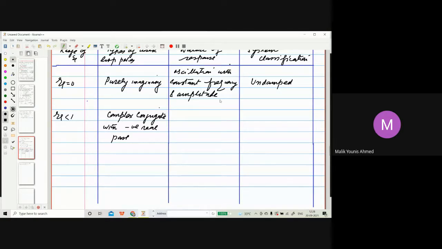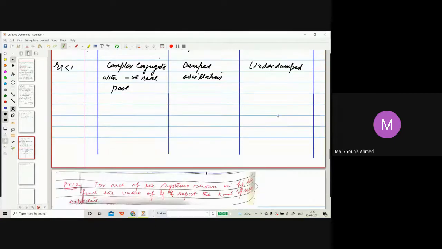And what is the nature of response? Damped oscillations will be there. Oscillations will be there, but that will be damped, because the real part is responsible for exponential decay and the imaginary part is responsible for frequency of oscillation. So this system will be treated as an underdamped system. Type of the response will be underdamped.